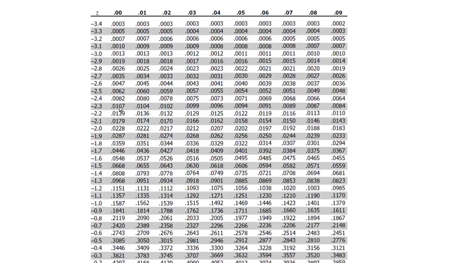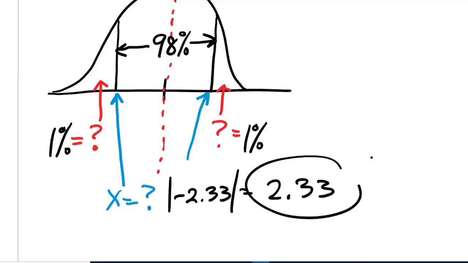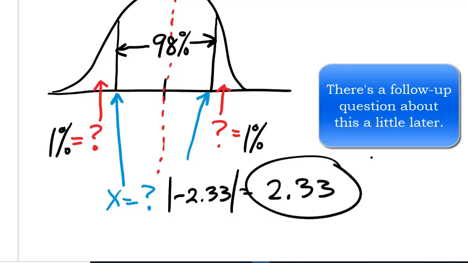But we'll go with negative 2.33. Okay, so negative 2.33 is what you're reading from the Z chart, but I just need the positive value. So 2.33 is the critical value for a 98% confidence.